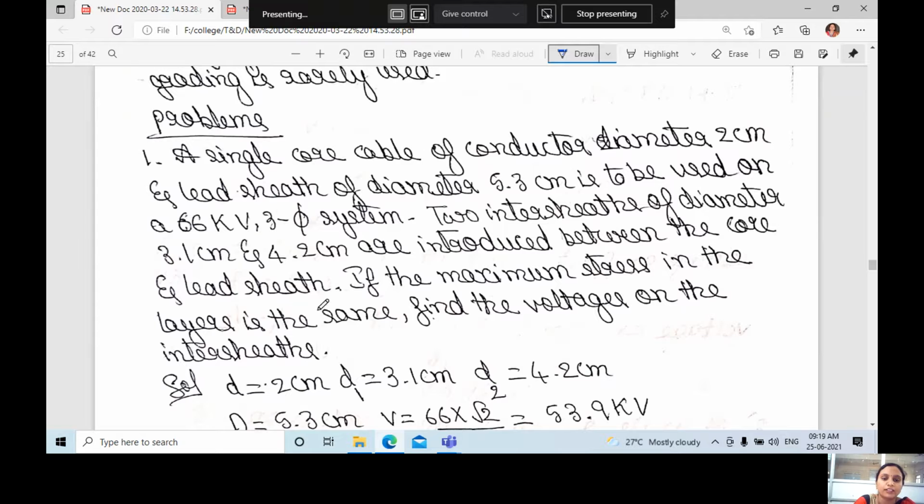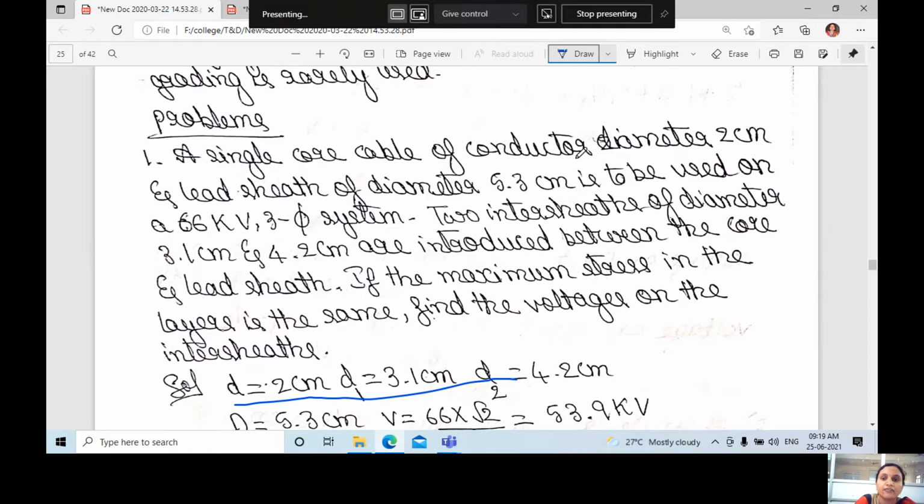First, you need to know the d, D1, D2 values and capital D. They have given conductor diameter 2 centimeter, that means small d, and the lead sheath diameter means capital D. The two intersheaths are D1 and D2.